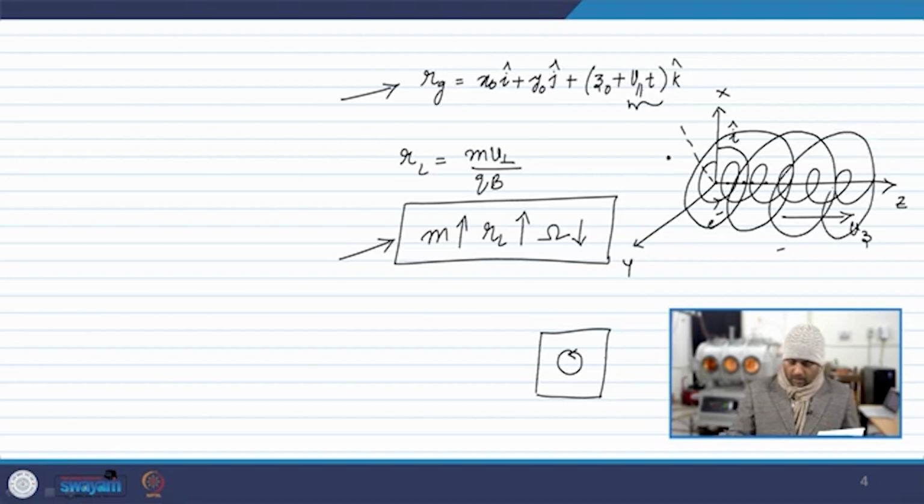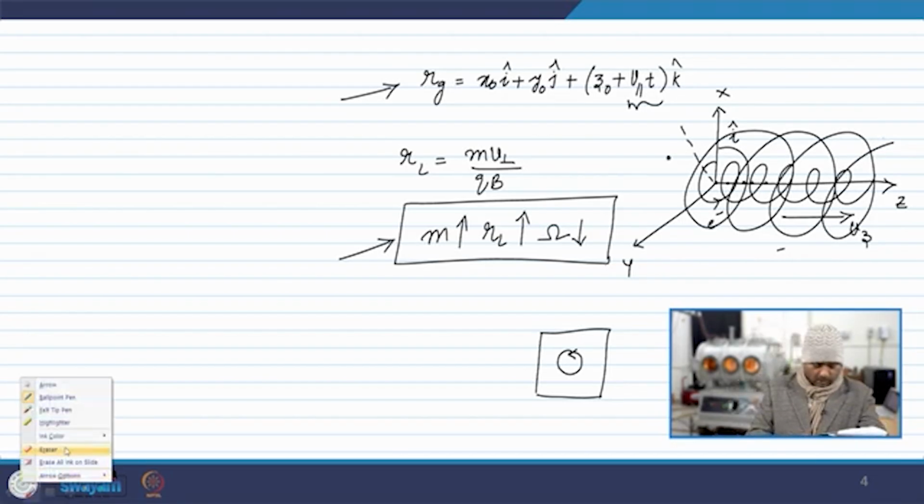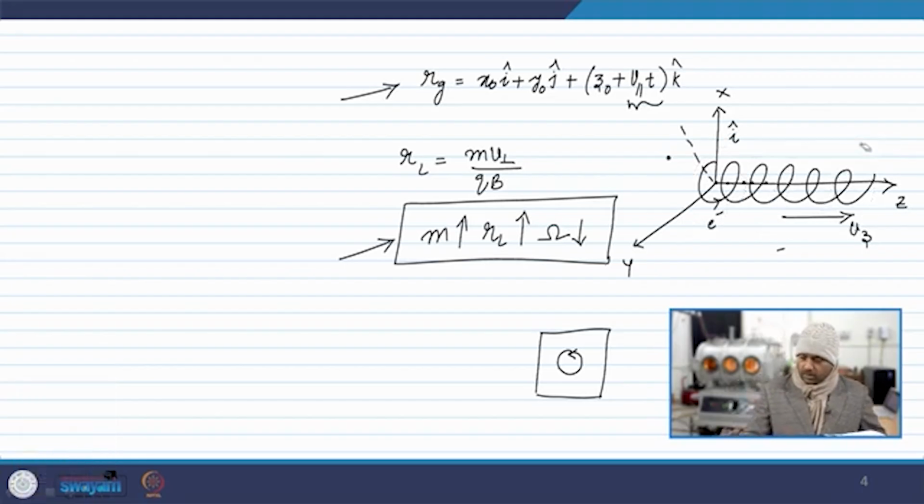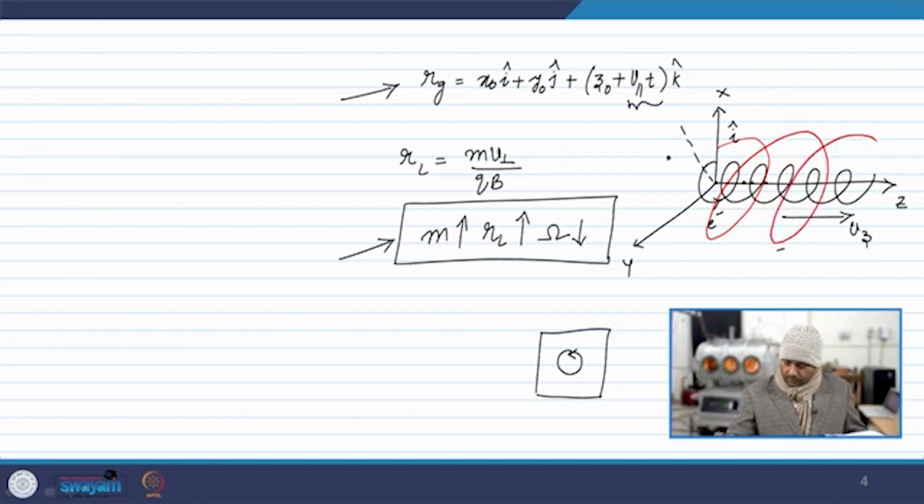Maybe I can draw it with a different color, it will be easy for distinguishing. So, the particle will move in a larger radius, but still a helical path.